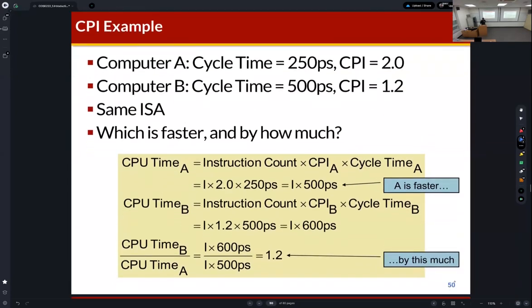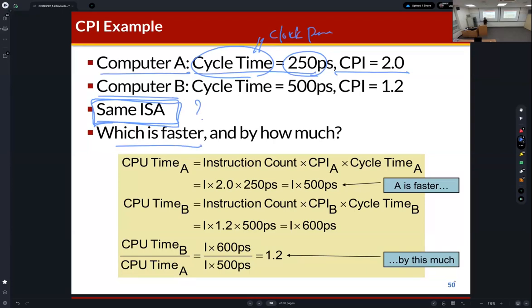So I will briefly explain. For this computer A and computer B, the cycle time is the clock period, okay? Then CPI is given, and the same ISA. Which is faster? How can we compare? We need to start from the definition.